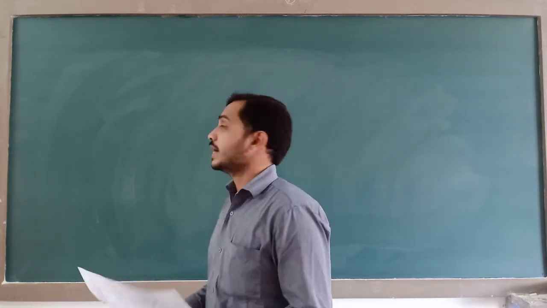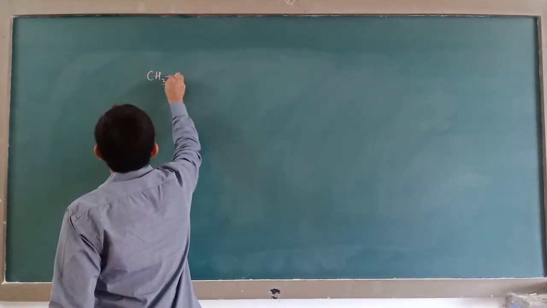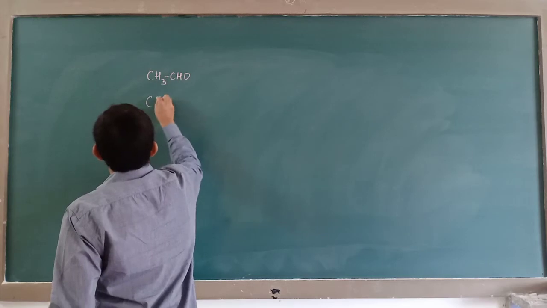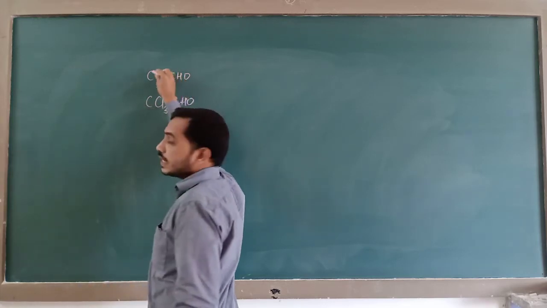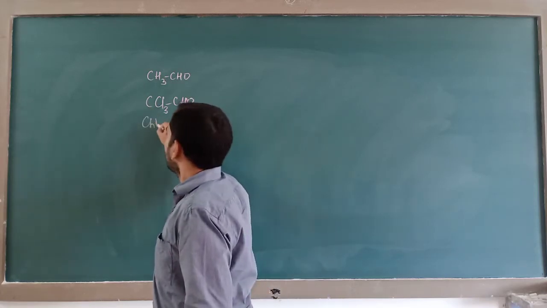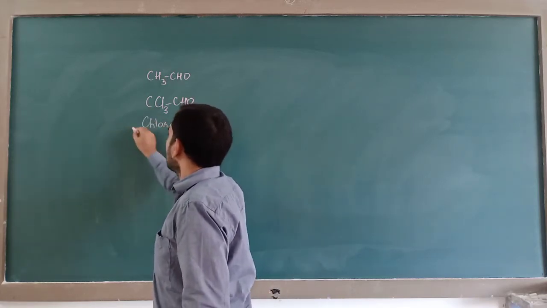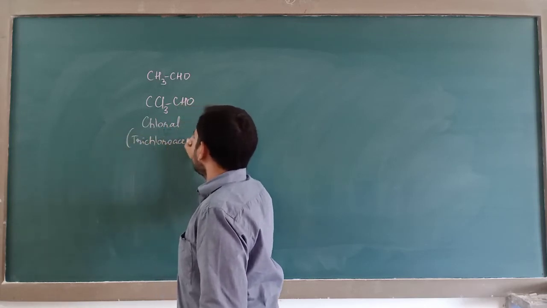So chloral stands for trichloroacetaldehyde. If this is acetaldehyde, then CCl3CHO, that is replacement of all the 3 hydrogens by 3 chlorines, is called chloral. Chloral is nothing but trichloroacetaldehyde.